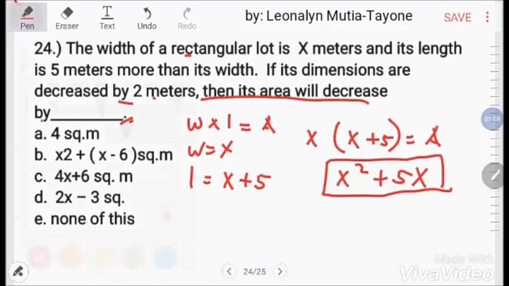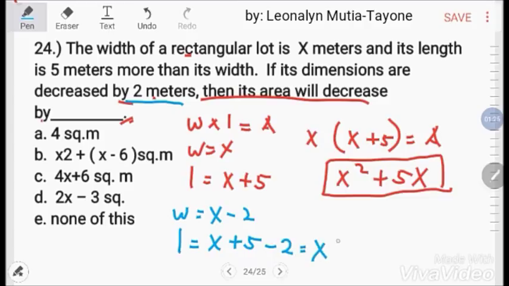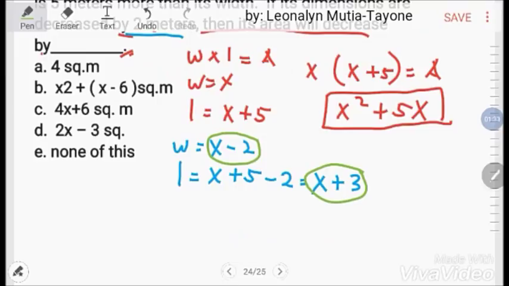Ngayon, nag-deduct tayo ng 2 meters. If its dimensions are decreased by 2 meters, so, ang width niya ay x minus 2. Ang length niya ay x plus 5 minus 2. And this is x plus 3. So, ito na yung i-multiply din natin para makuha natin ang bagong area na nag-decrease na ng 2 meters ang dimension niya.